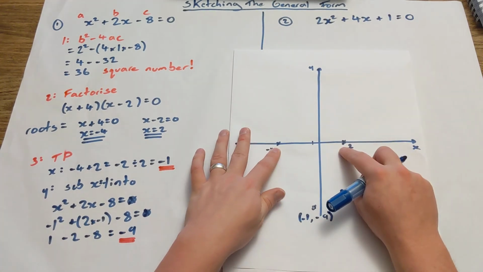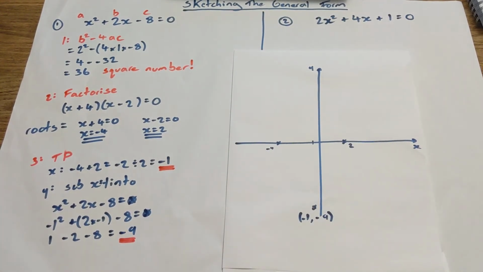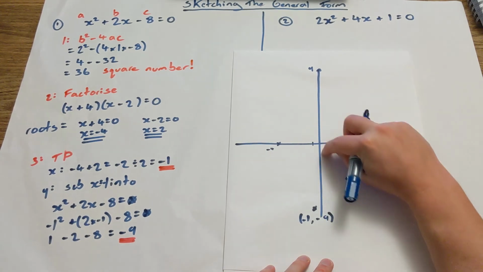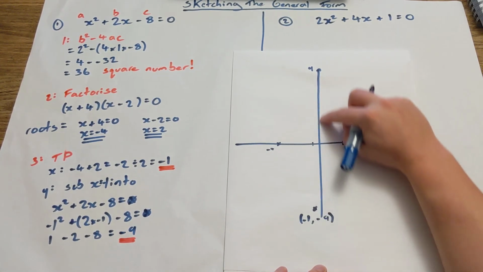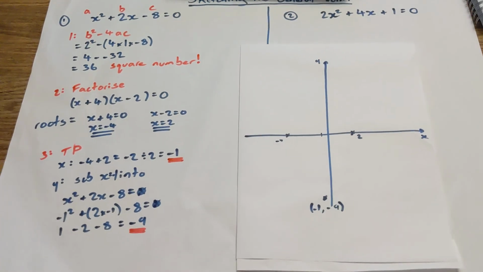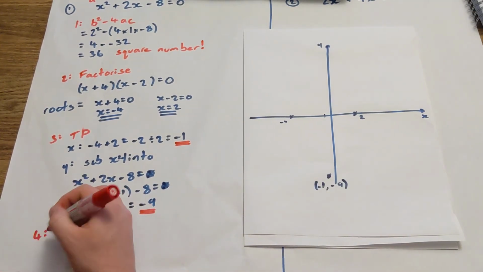We've got the roots, we've got the turning point, but just to be careful, to make sure we get all the proper information on it, we could work out exactly where on here it's going to cross. Where on here it crosses, we call that the y-intercept, and that would be the last thing to work out.